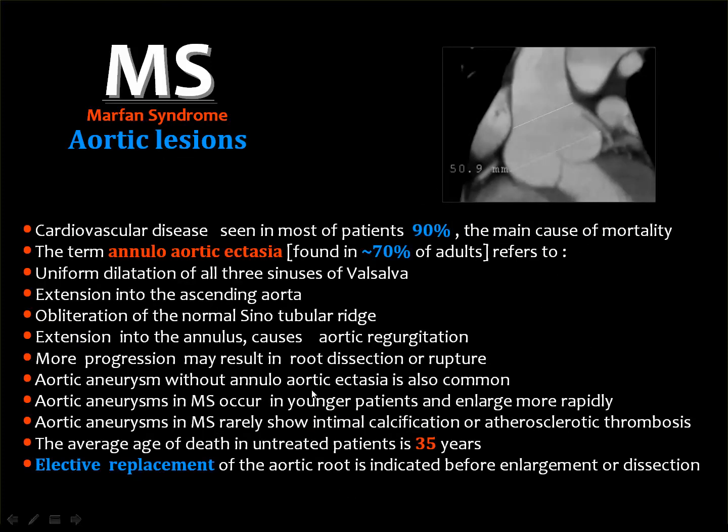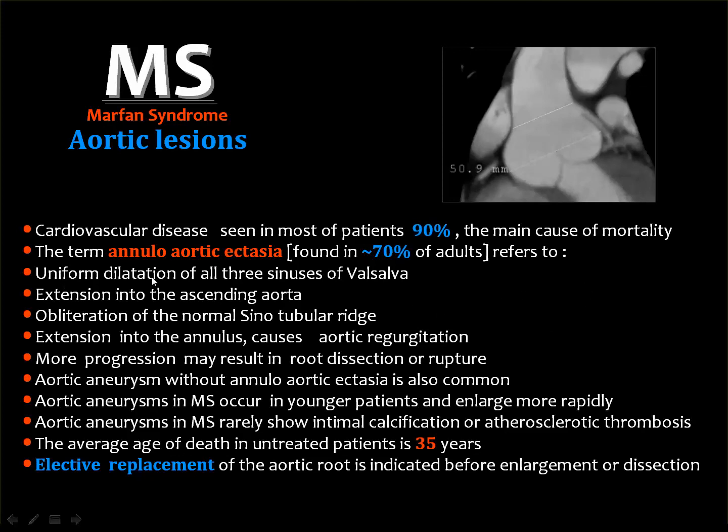Aortic lesions are famous in Marfan syndrome and are seen in about 90% of the cases, and these are the main cause of mortality. One of the important criteria is annulo-aortic ectasia: ectasia in the region of the aortic annulus, in the aortic root, with significant dilatation of this area, seen in about 70% of the cases.